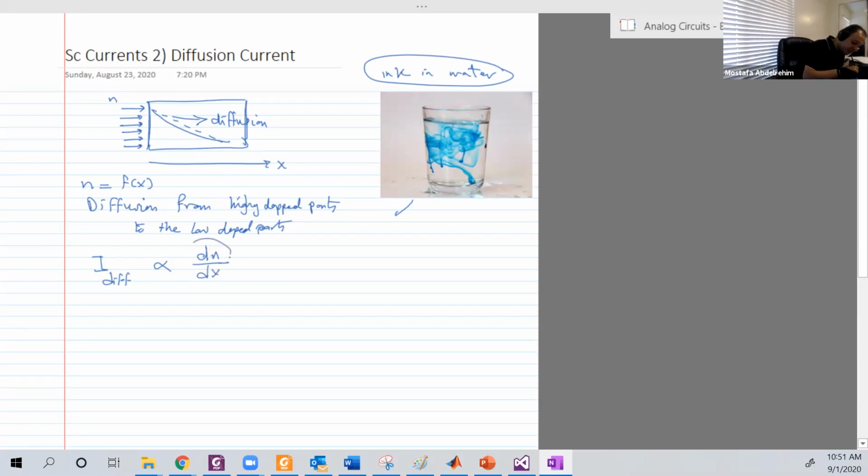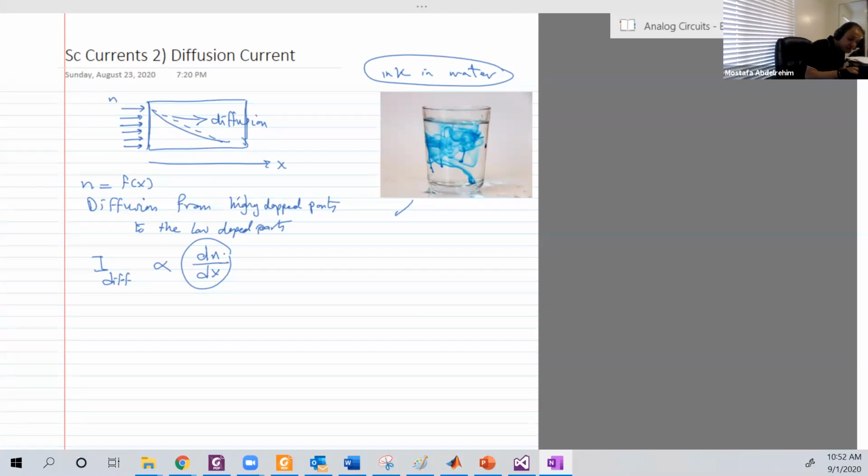What is dN by dx? This is the slope, we can say, okay? How much variation, the derivative of n with regard to x. If you have large variation, then you will have larger current, because that means between two locations there is a large difference in the doping density n, or the carrier density n.